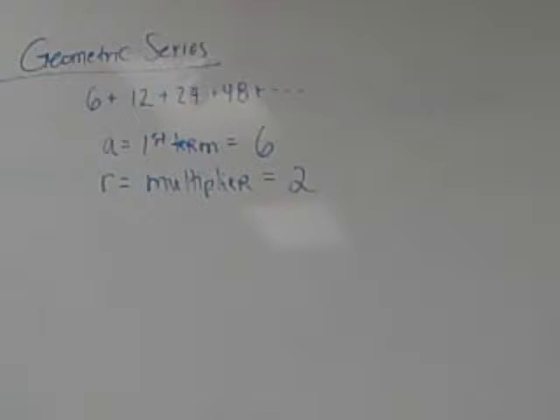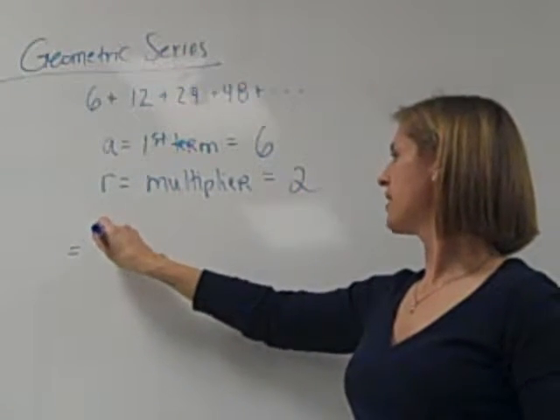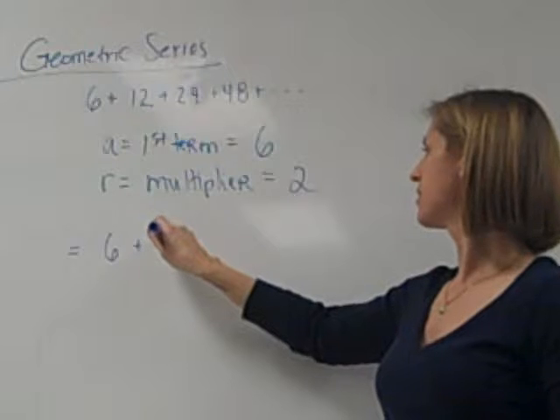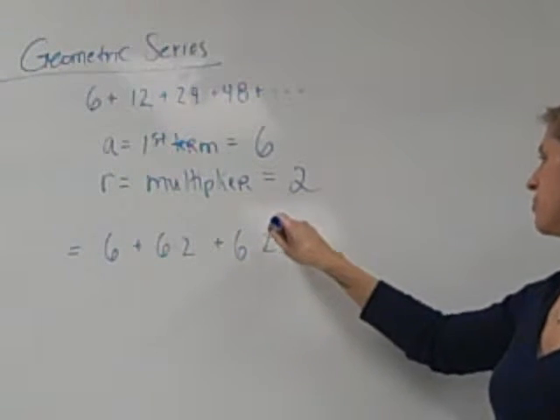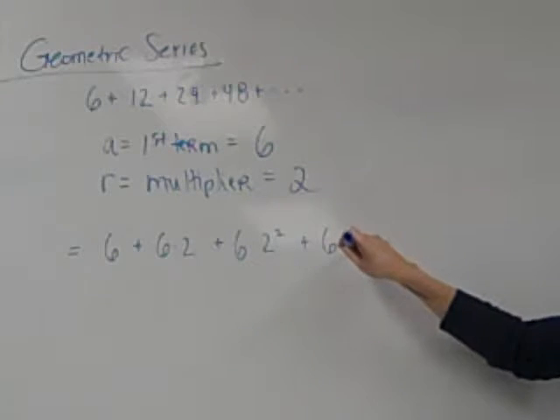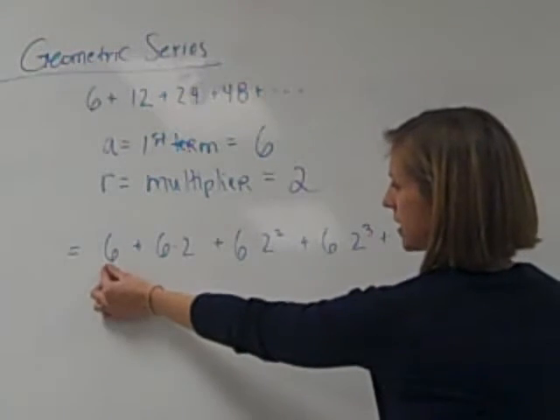Okay. So if I were to break down this series, I could write this as 6 plus 6 times 2 plus 6 times 2 squared plus 6 times 2 to the third plus, and so on. This would be a fancy way to write it. Here's my 6.